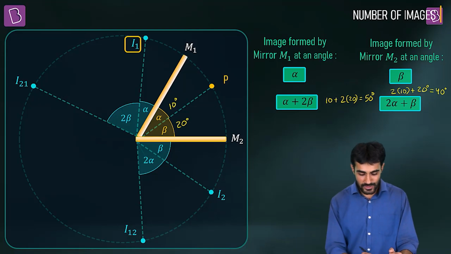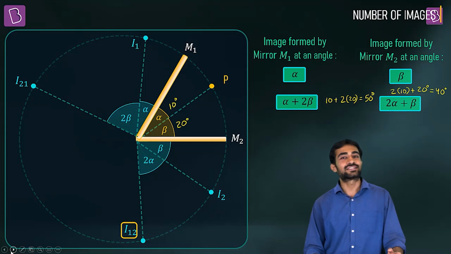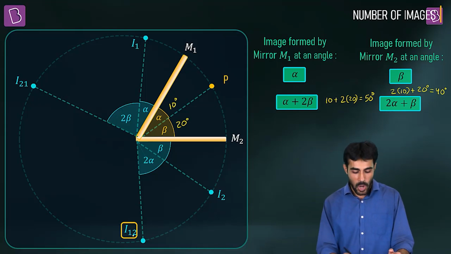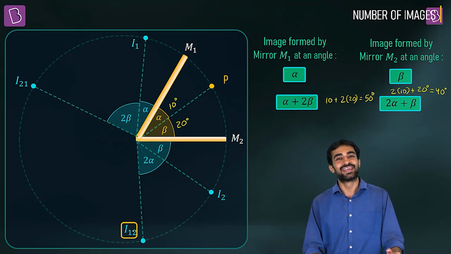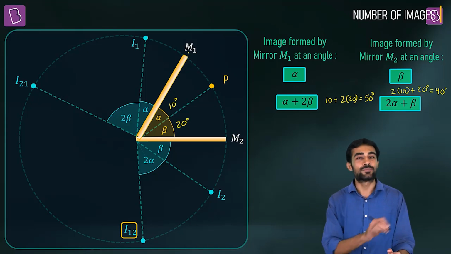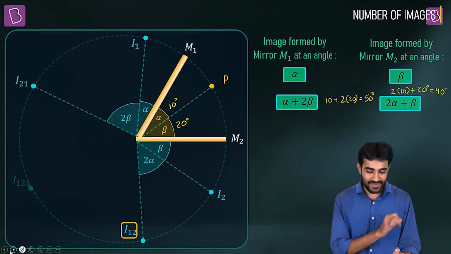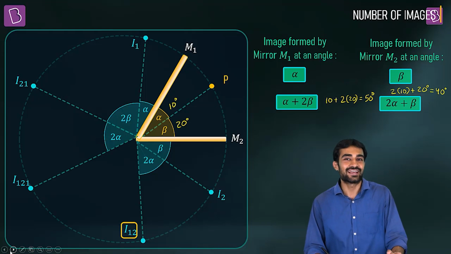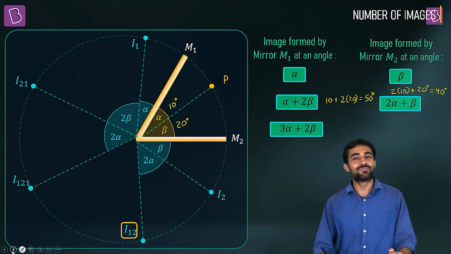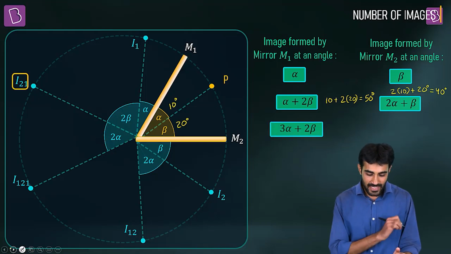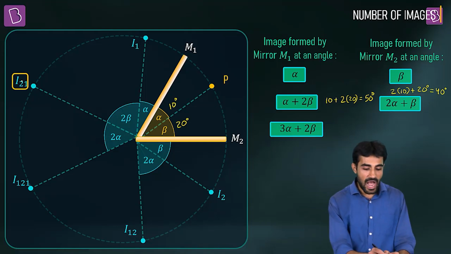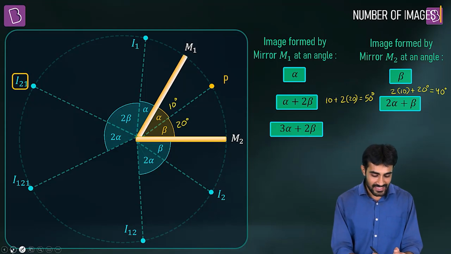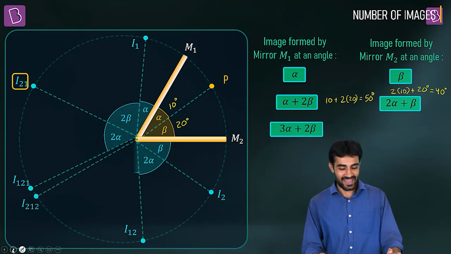Nice. And also, I will not stop at this. Let's concentrate our attention on I12. Yes, this I12 will act as an object for mirror M1 and you can see the image right over here. This is the angle made by the image. And now, let's concentrate our attention on I21. This will act as an object for mirror M2 and this will be the image.